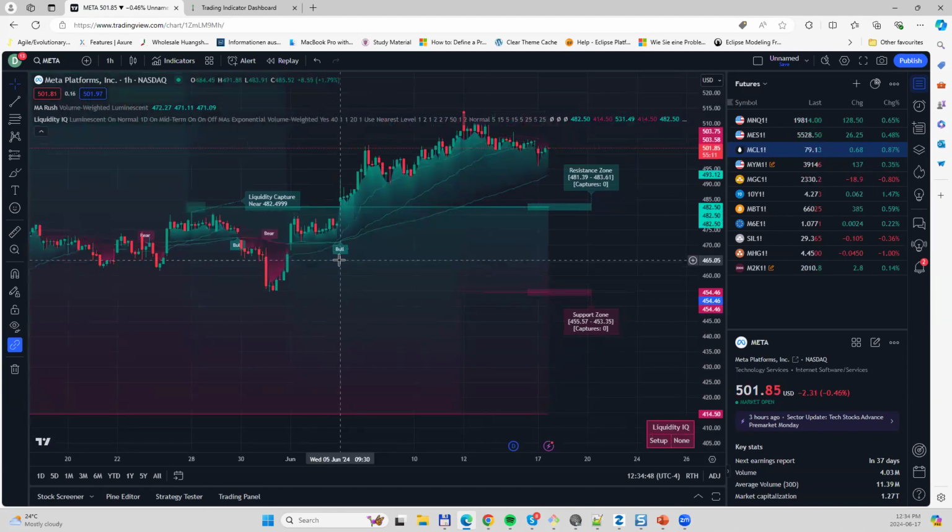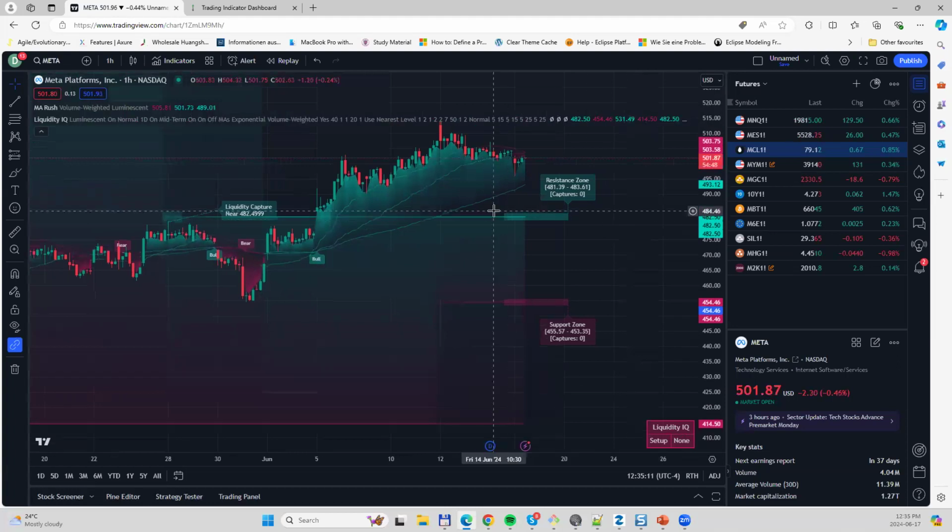So since Wednesday last week, price gapped up overnight. It gapped up above this resistance zone. We had a zone break here, so we knew about this resistance zone all the way back here. Price gapped up overnight, and ever since it's been trading above resistance.